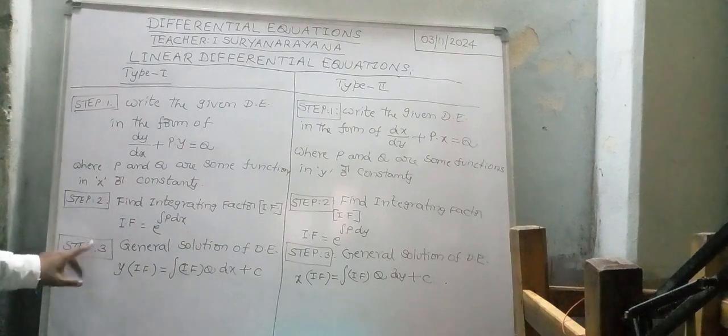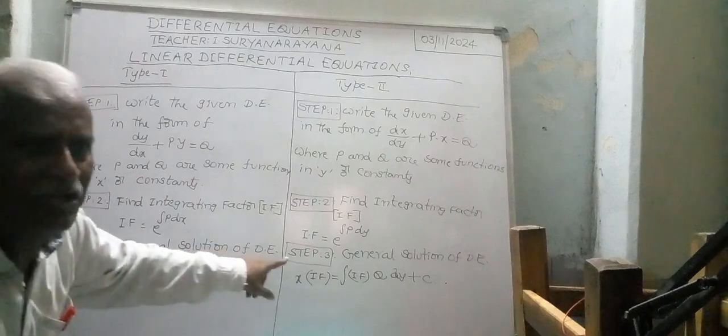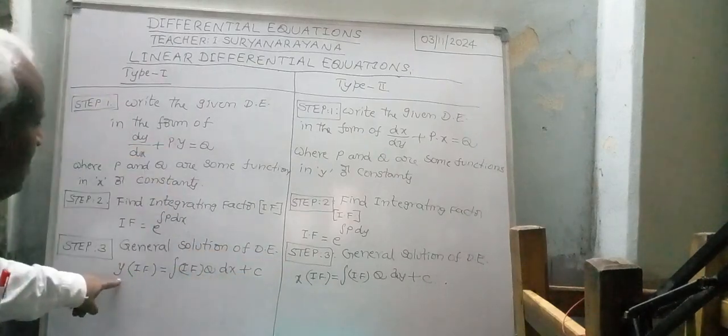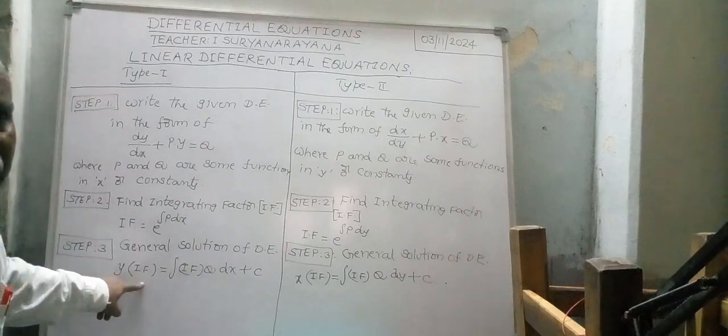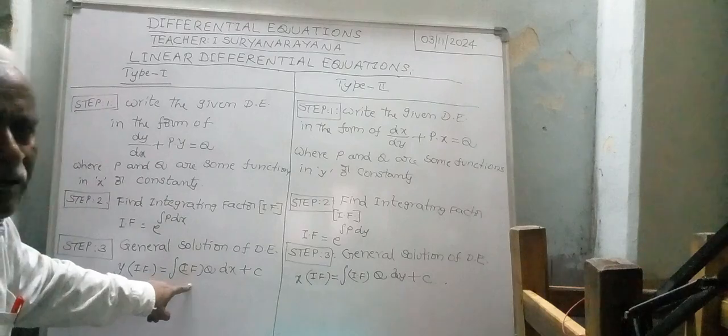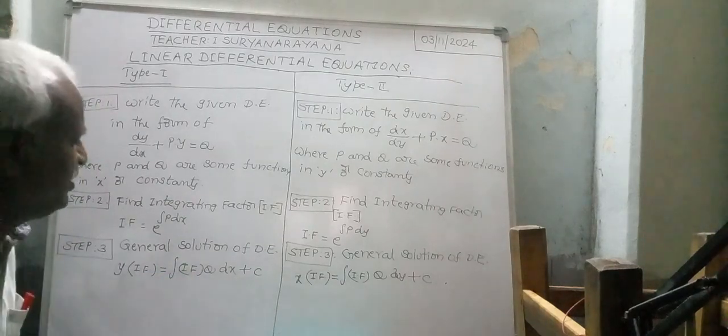Okay, sir. So step 3. This is the general solution of a linear differential equation of type 1, that is y into integrating factor is equal to integral of integrating factor into q dx plus c.